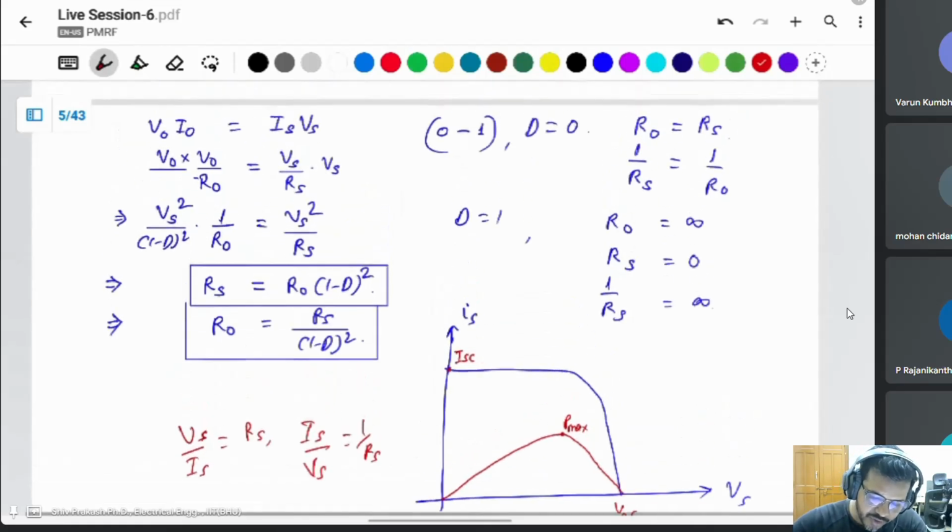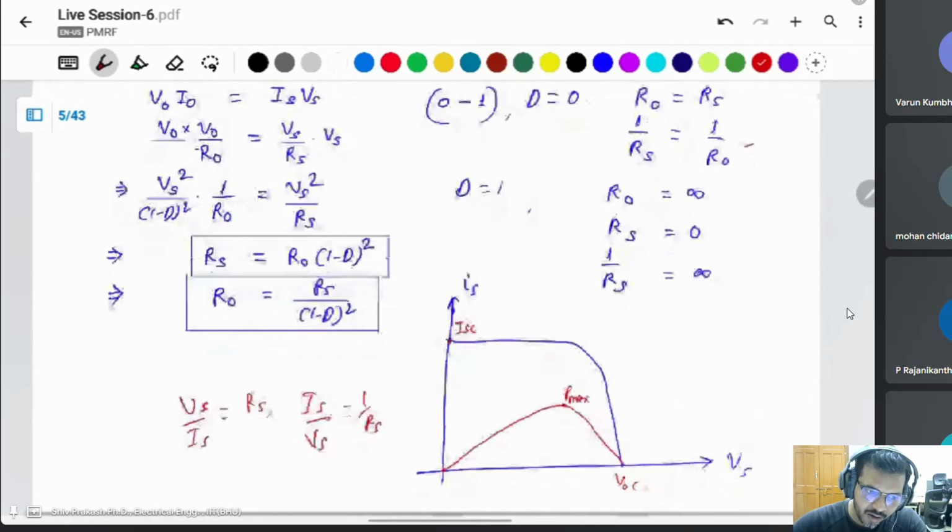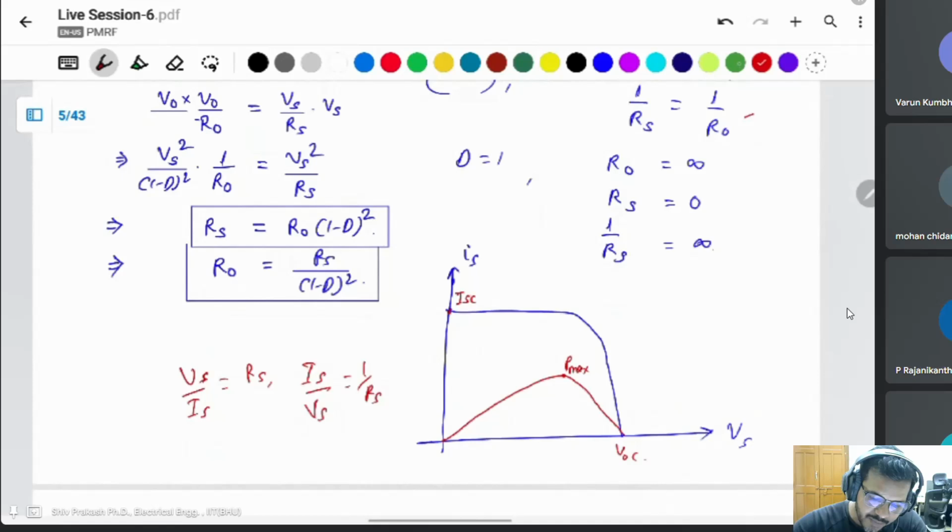At D equal to 0, 1 by Rs is equal to 1 by R naught. 1 by Rs depends on the maximum power transfer. Suppose this is the load line, 1 by Rs will vary from here to here, anywhere. It depends on the duty cycle of the converter. This is the input source resistance varying, and it is matched to the load resistance, where the load resistance is the same as the source resistance.